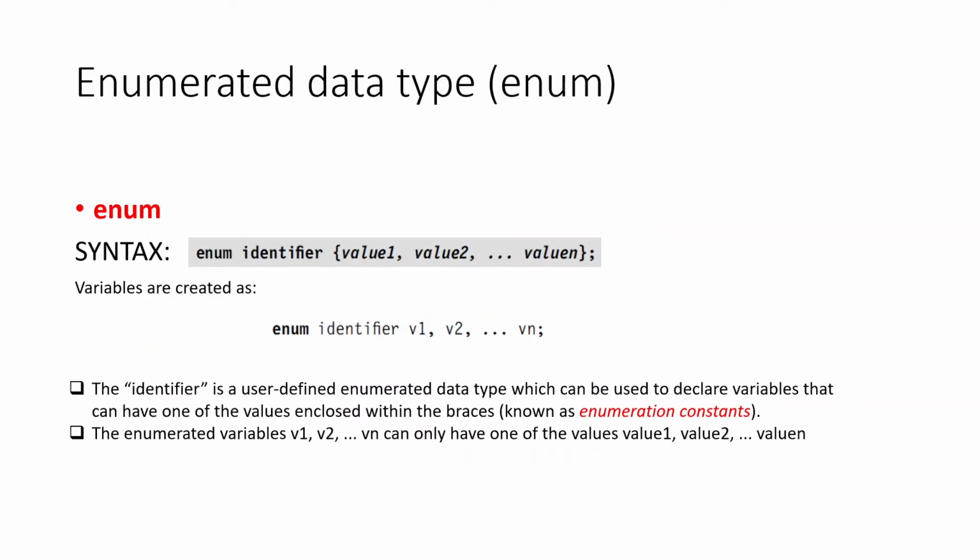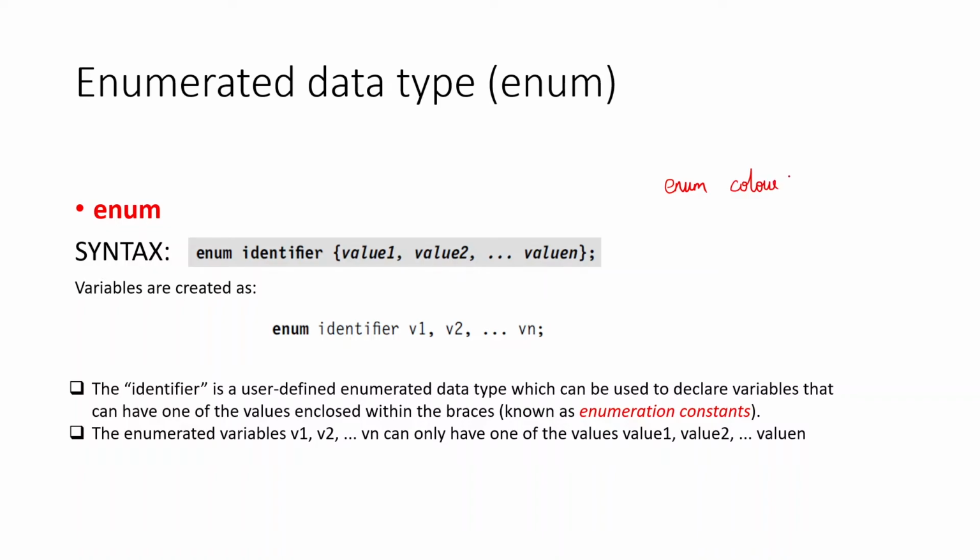Next, enumerator data type. With an enumerator, you can give a name, say a day of the week or color, and then that color can have three possible values. Those values we can give within the brackets. For example, color. So I am writing the enumerator data type. This is the keyword enum. Then the identifier, you can give any name.